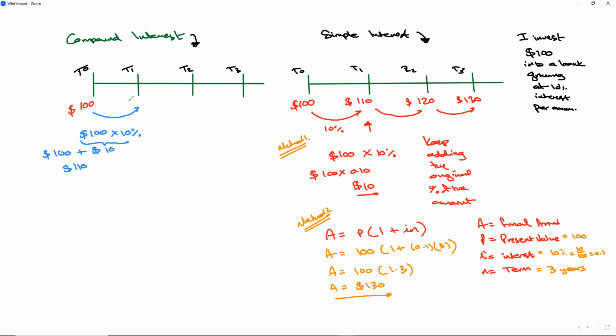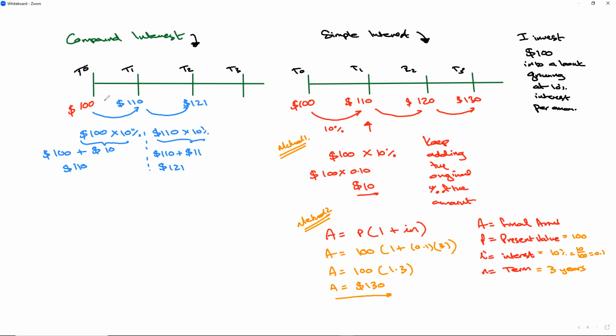And so we put that over there. The second amount, what we do here is we take $110 multiplied by 10%, which is basically divided by 10. That comes to $11. And we take $110 plus $11, which comes to $121. And so this becomes $121.